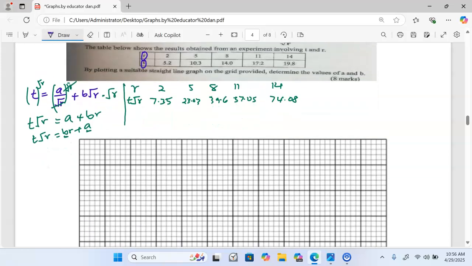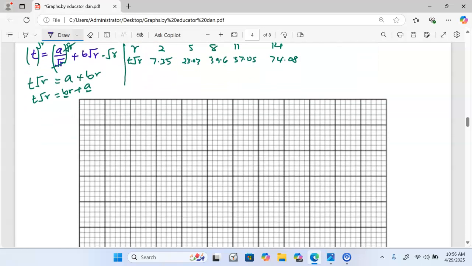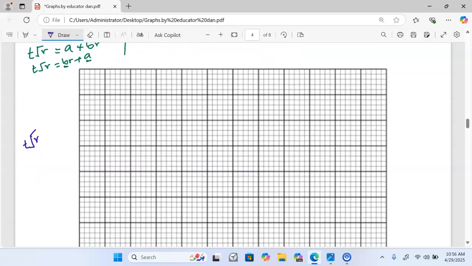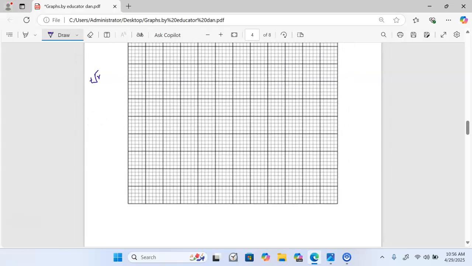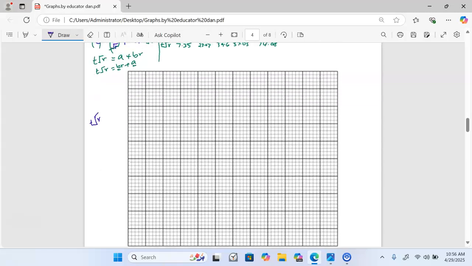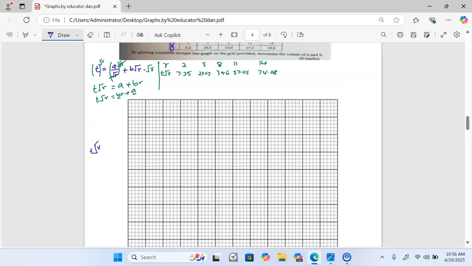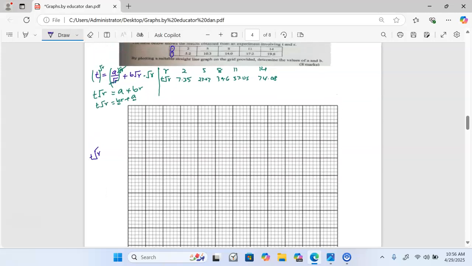Once we have those values, we can now get our table done. Remember, we are going to plot T root R against R. So we are going to choose our scale properly so that we can have the values of R ranging between 2 and 14 and the values of T root R from 7 to around 75.